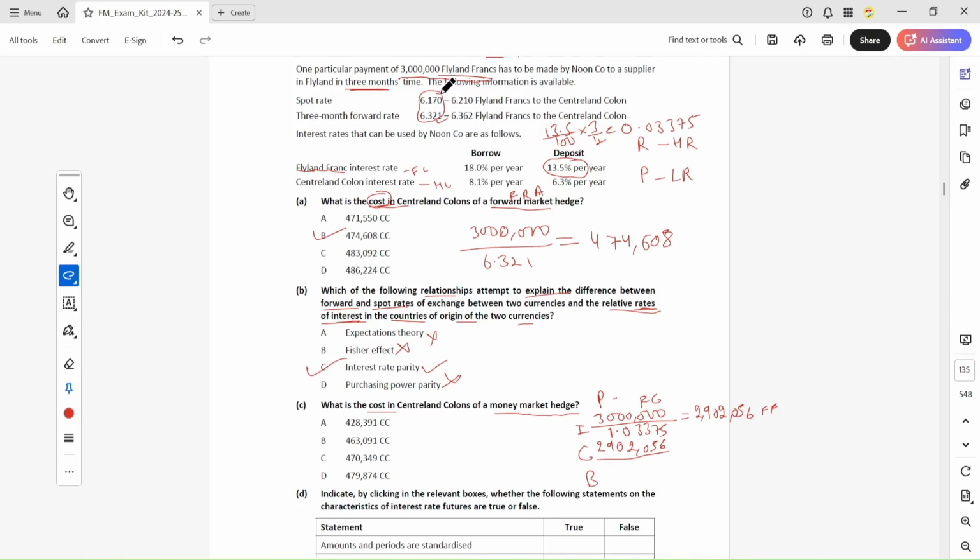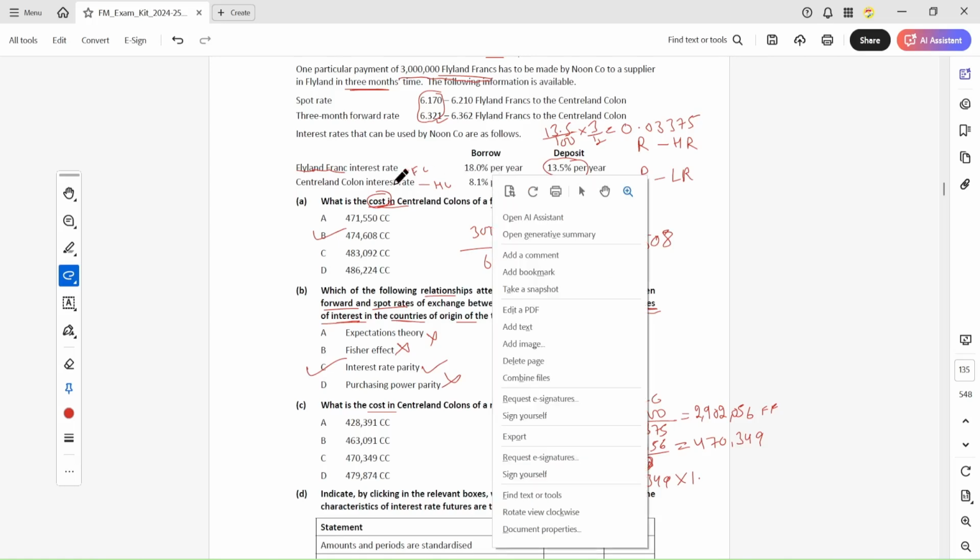We use the lower rate because we are paying: 6.170. The result is 470,349. Now we have to borrow at the borrowing rate.